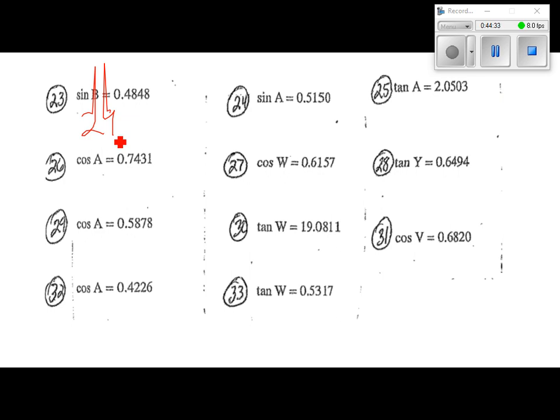I got 0.5773, and I got 29. I don't know why that gave me that. I don't know what I did. See, when you do it that way, it doesn't understand the parentheses.